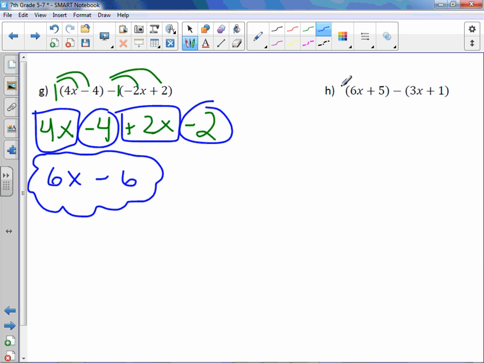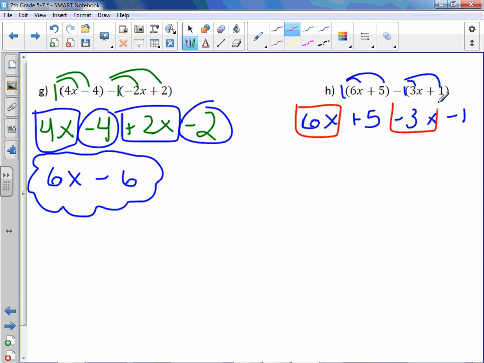Letter H, distribute the ones. 6x plus 5 minus 3x minus 1. 6x minus 3x is 3x. 5 minus 1 is 4.